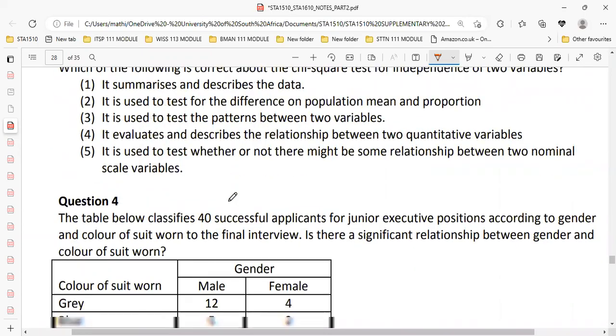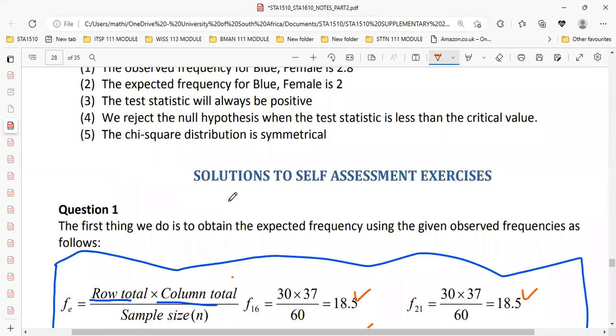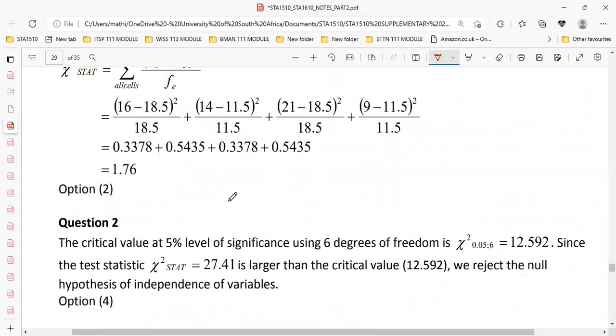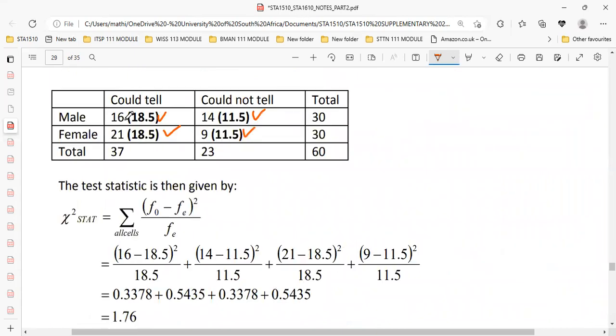Then now we can substitute and calculate the test statistic. Now you see here, we say 16 minus 18.5, open bracket, then squared. Then plus, open bracket, 14 minus 11.5, then squared.